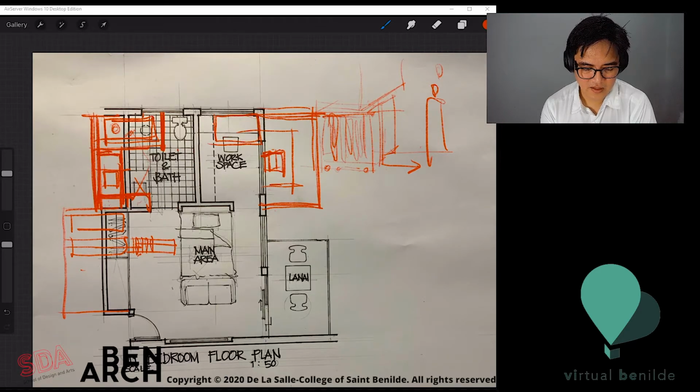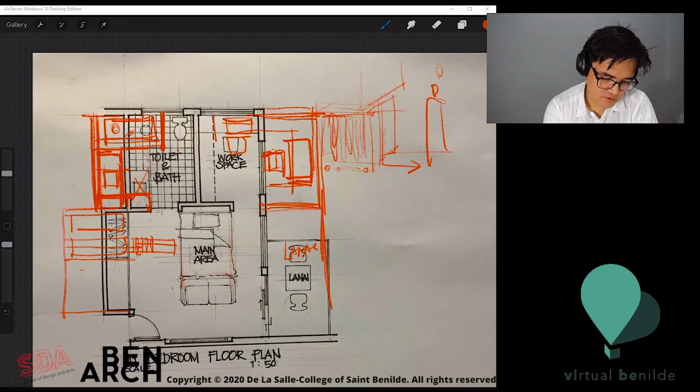Okay, so a drafting table, and then this could be your computer, or the other way around, because if you need light to draw, your drafting table could be there instead, and this could be just for your computer if you're doing CAD. Then this one becomes an extension of the lanai or balcony.